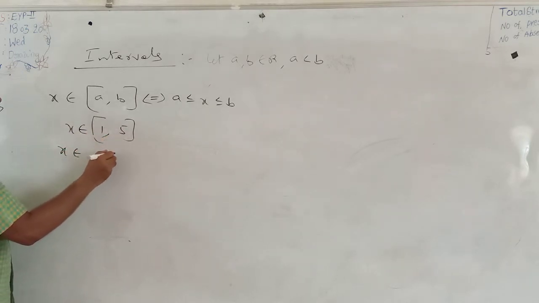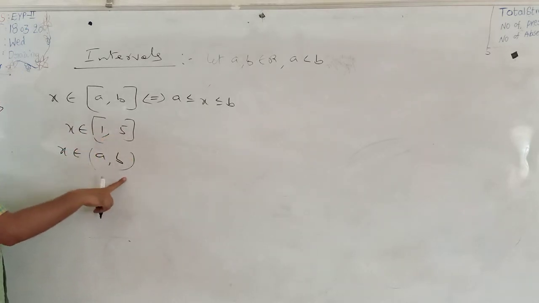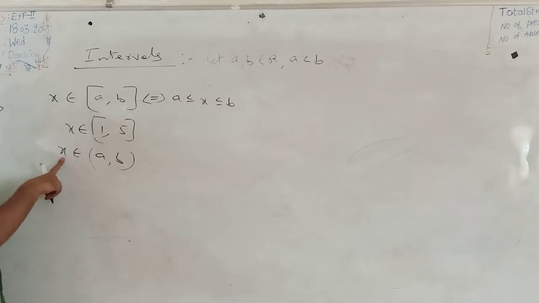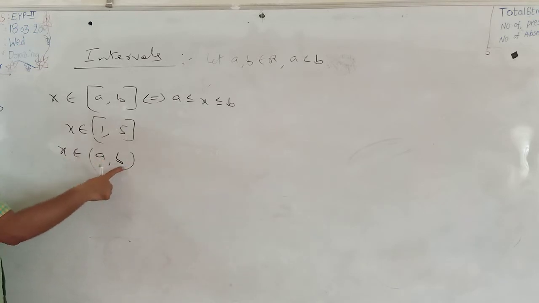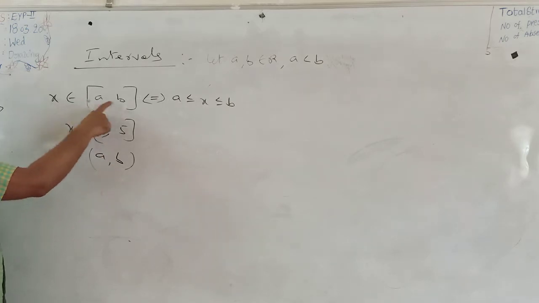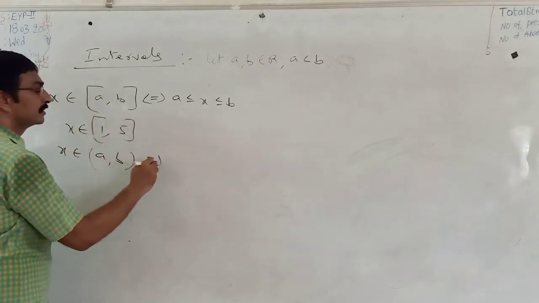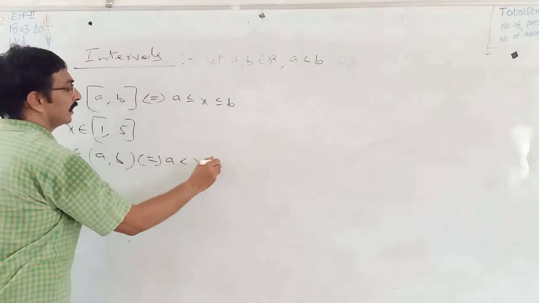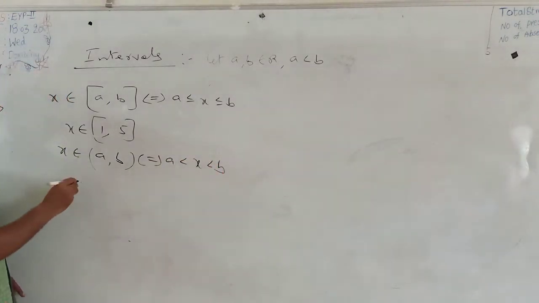Similarly, this is the open interval of a comma b. X belongs to the open interval of a comma b means the value of x lies between a and b, not equal to a, not equal to b, excluding a and b here. In the closed case, including a and b. That means a is strictly less than x, and x is strictly less than b.